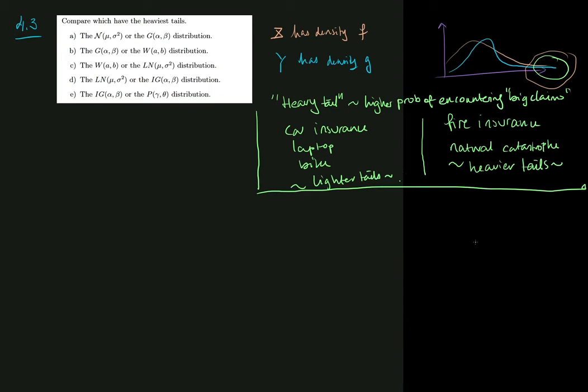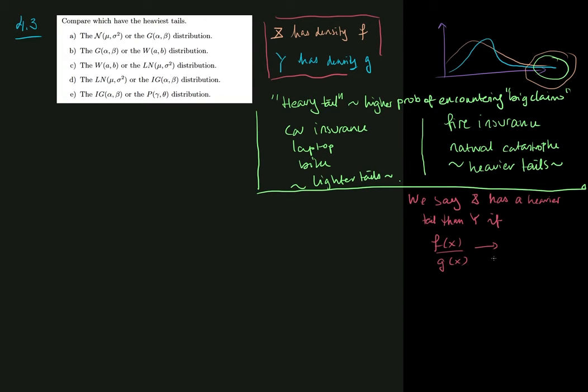So if I consider the distribution with density f and the distribution with density g as in the example I have given up here, then we say x has a heavier tail than y if the density of x divided by the density of y tends to infinity as x tends to infinity.